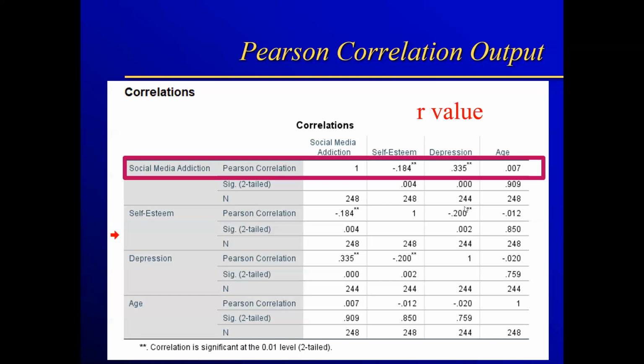That's all the N represents: just how many participants filled out both of these. So if I were to ask you how many participants completed both the depression and the social media addiction scale, all you would have to do is go to this N and say, oh, there were 244 participants.